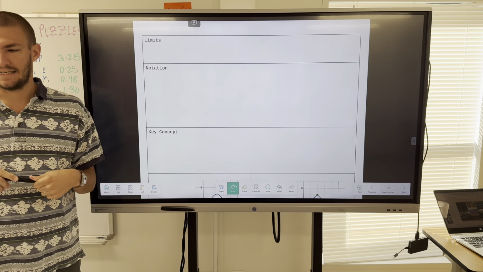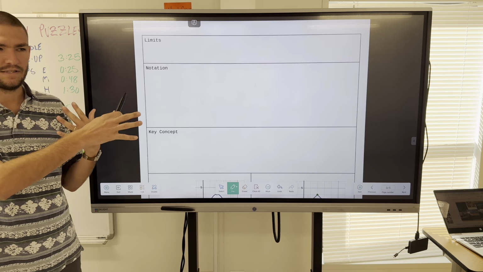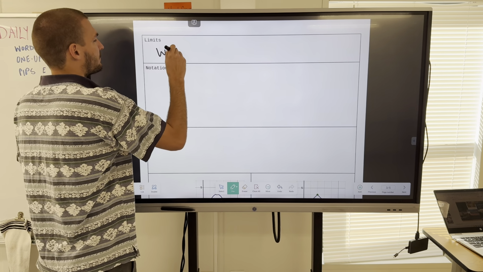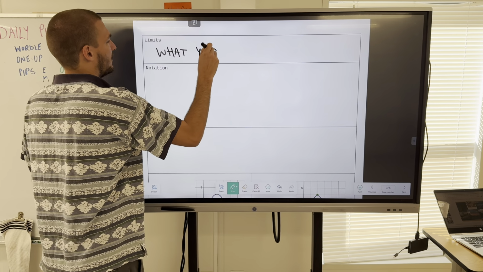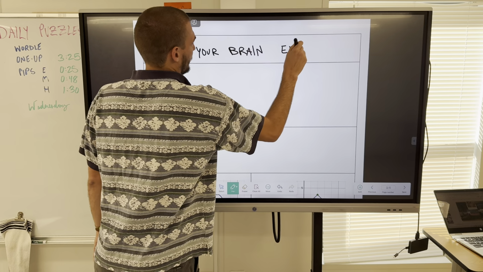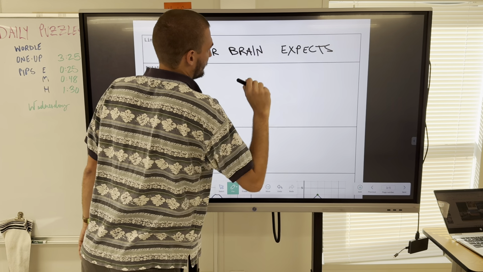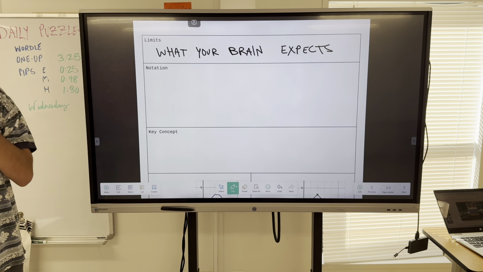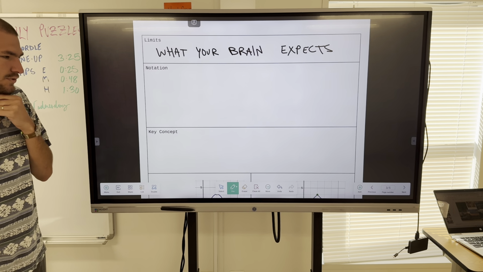Limits is the reason we're talking about these weird questions where it's almost, okay? Limits is what your brain expects. And that's not probably how a math textbook would define it.